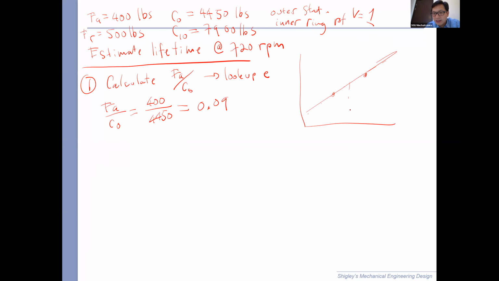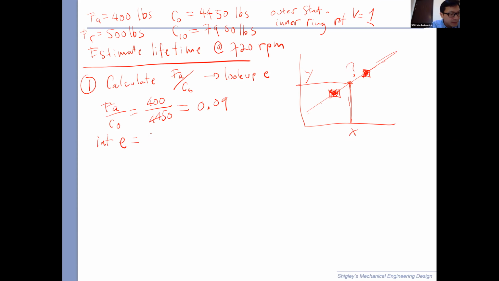The question is, if I'm here, what is my Y? We have this point and this point, and we want the value in between. So here is 0.09, and we interpolate.